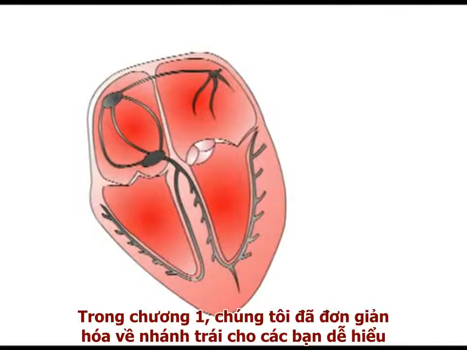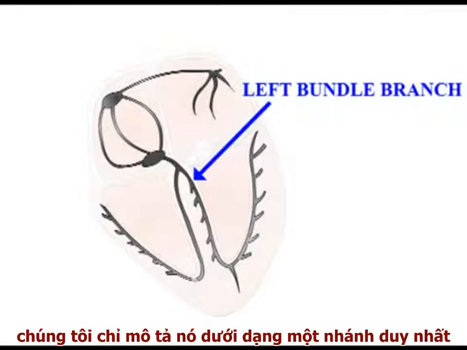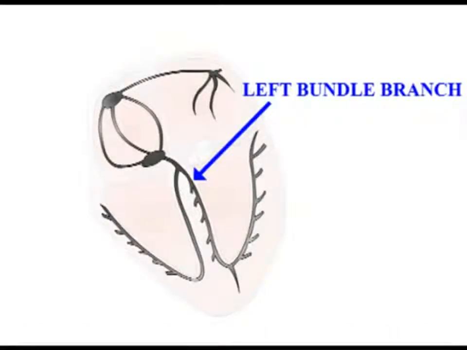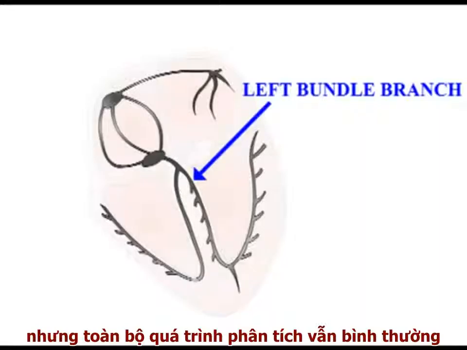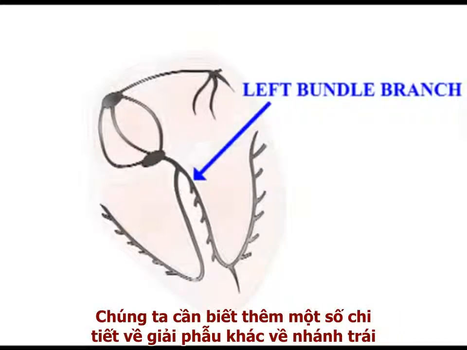We simplified our description of ventricular conduction in section 1 to aid comprehension. We considered the left bundle branch of the conducting system as a single anatomical entity. The analysis remains valid, but to understand the cardiac axis and axis deviation in disease, we need a little more anatomical detail.